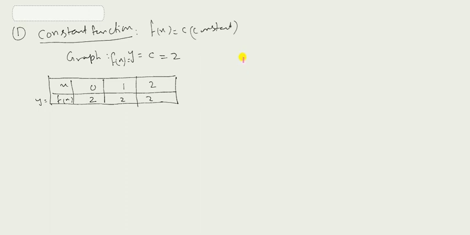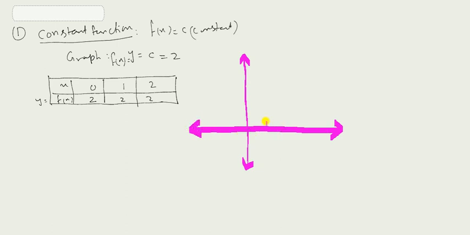For the graph, what I will do, we'll just draw a straight line like this. This is our y-axis and this is our x-axis. If I take like this is x, then you take values 1, 2, 3.